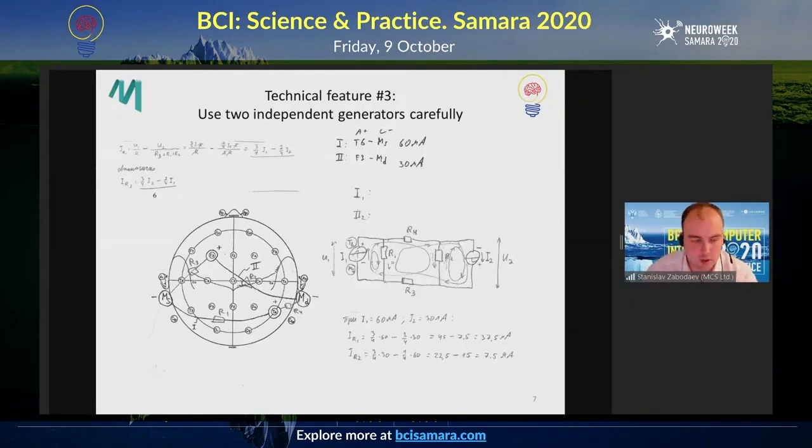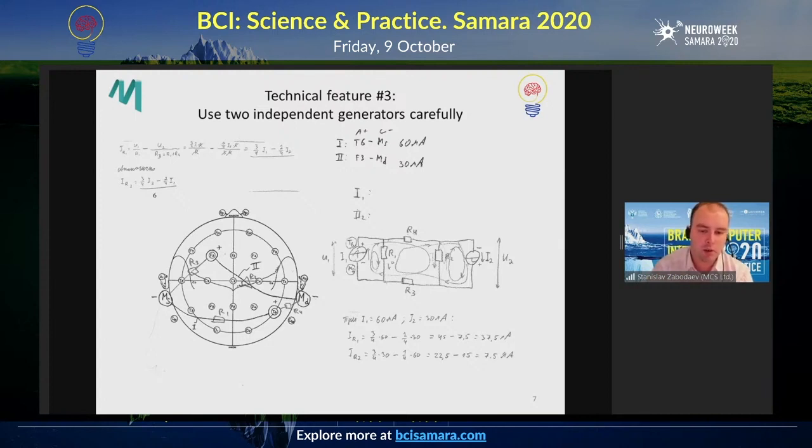So the sensor will show you that there is a current flow and it will seem fine on the surface, but what will happen in reality is the redistribution of the current. And this redistribution of the current will be completely unpredictable. For instance, the first generator will generate the currents for the electrode above it, and some of the current will be directed elsewhere.